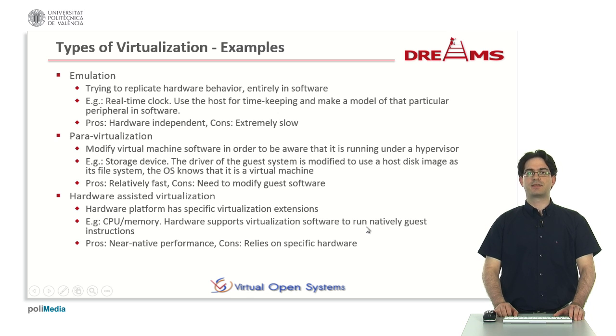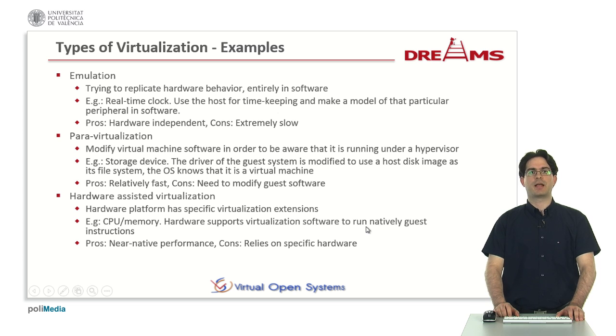In order to emulate the whole peripheral device, its registers, how it behaves, it's very costly. The good thing is it is hardware independent, but of course it's extremely slow, as we will see.